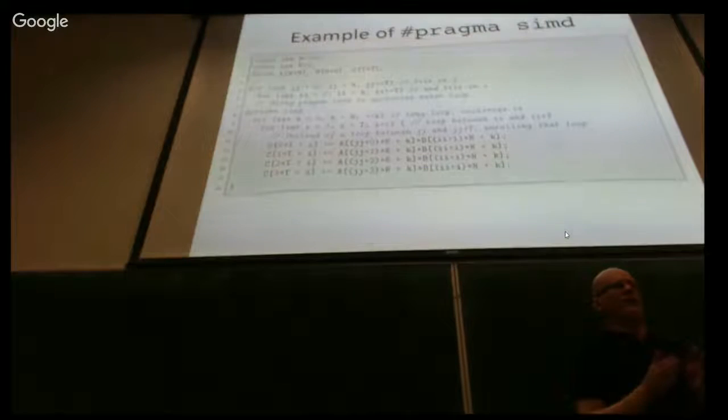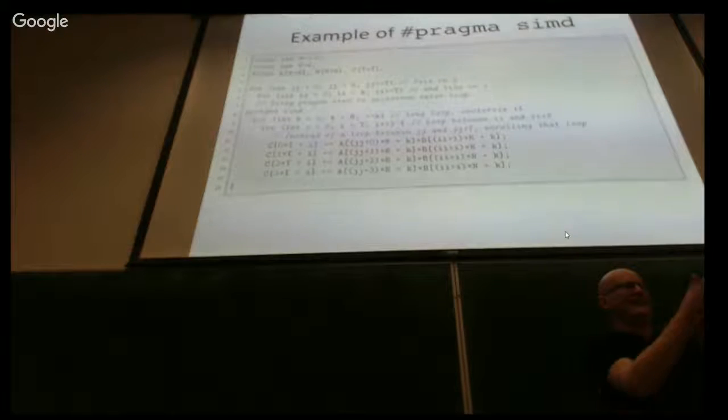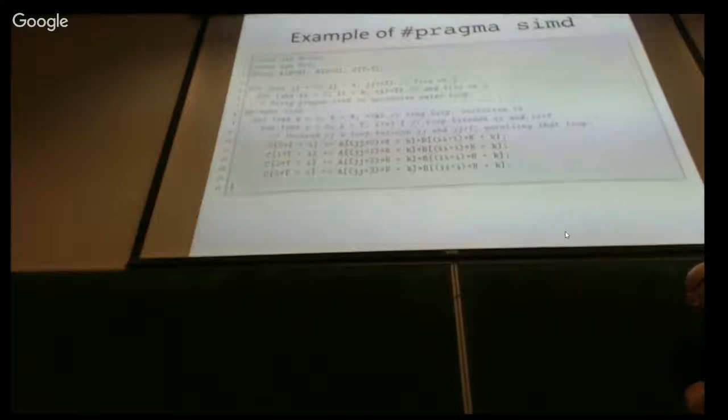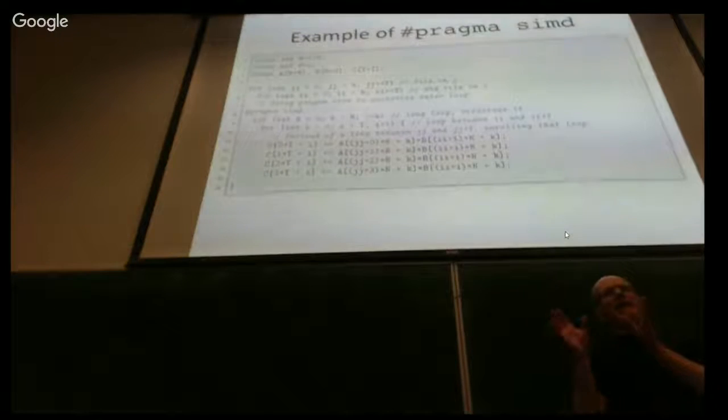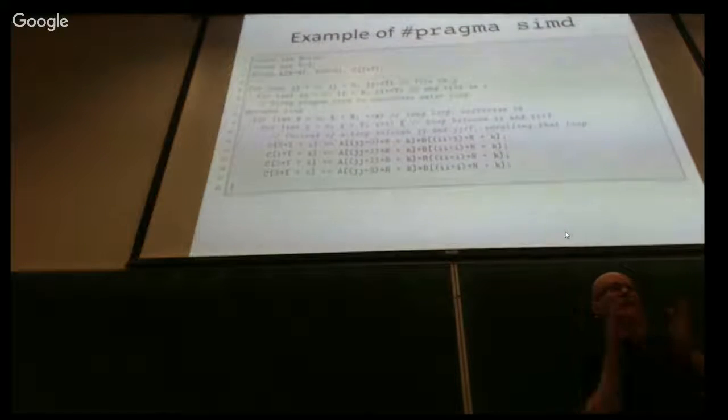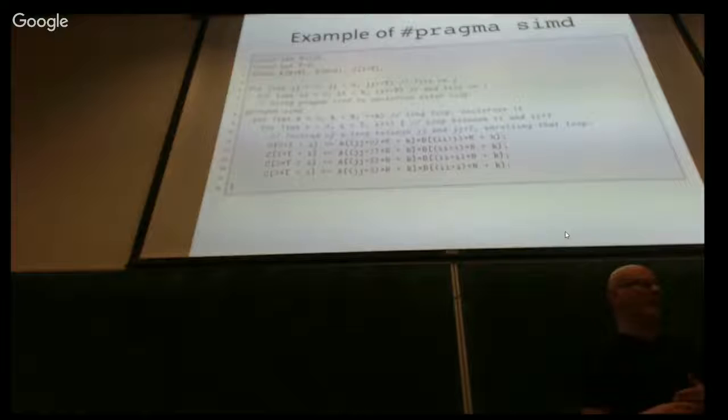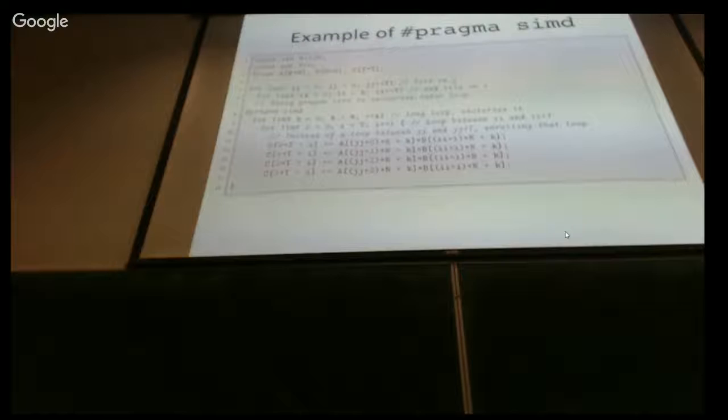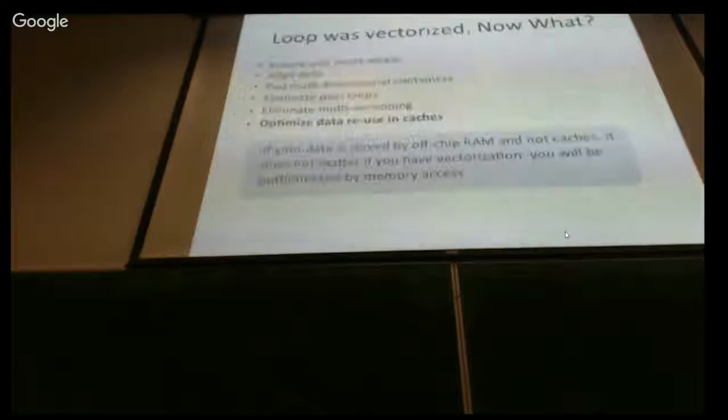If you're dealing with very short trip count loops of, let's say, 16 iterations, the same as the vector registers, then you're going to suffer because there's a high overhead associated with loading the data into the vector units and so forth. So you're better off going for trip counts that are much longer. With that pragma SIMD, you can ensure that the K loop there is vectorized. It's as simple as that.